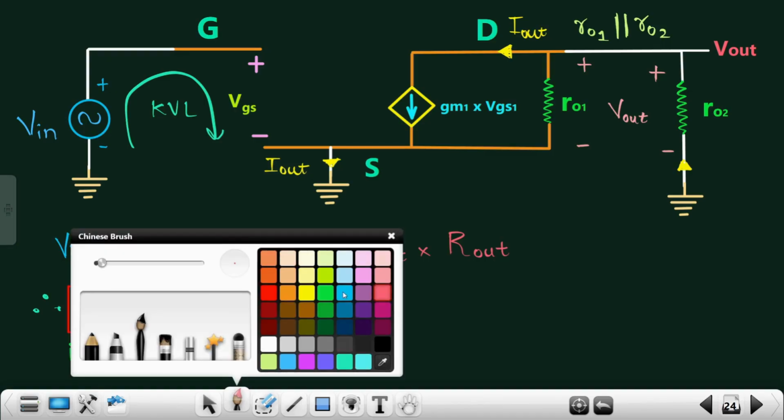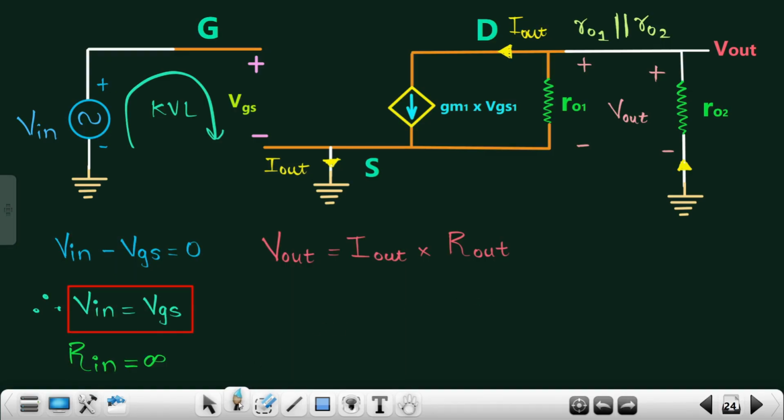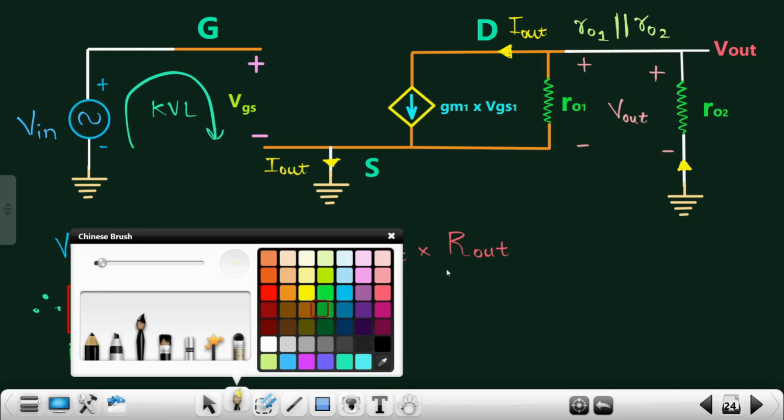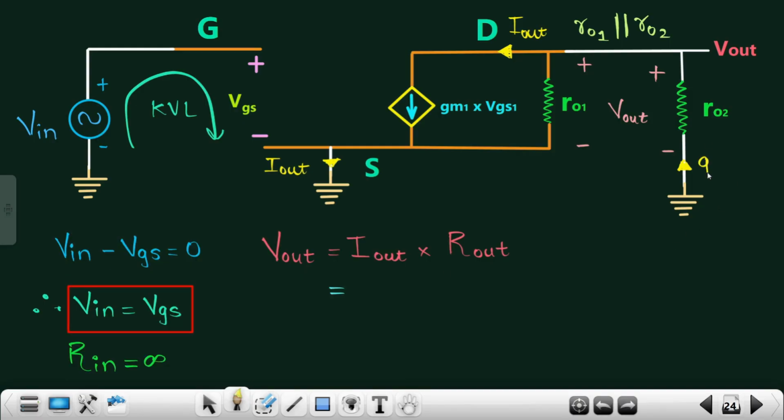I out is equivalent to gm1 times VGS1, but you see over here this I out, that is gm1 VGS1, is flowing in the opposite direction with respect to V out. We are trying to see the output voltage from drain to source, right?